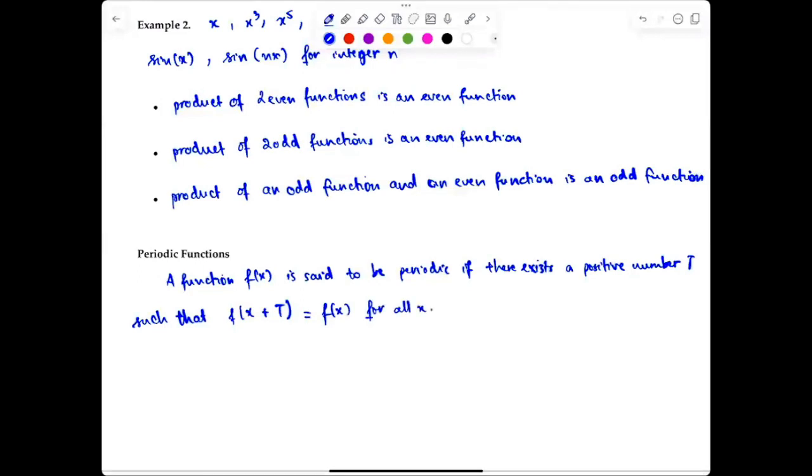And the smallest such capital T is called the period of f of x.